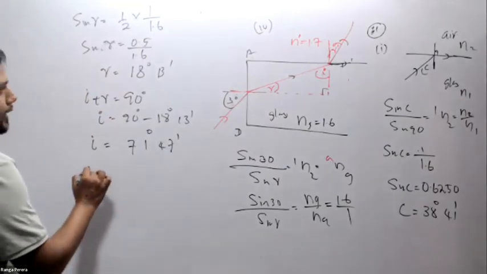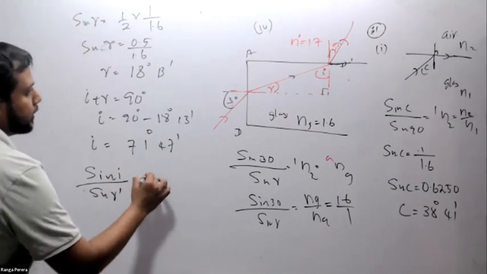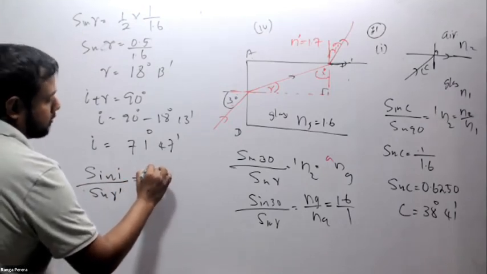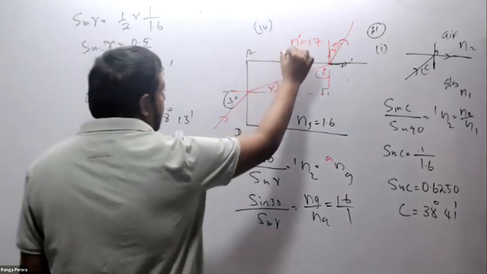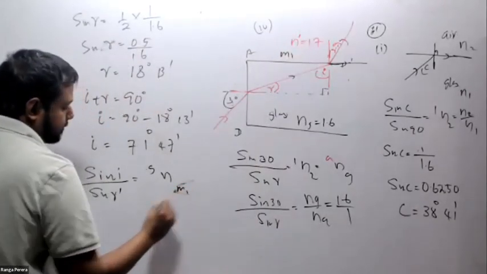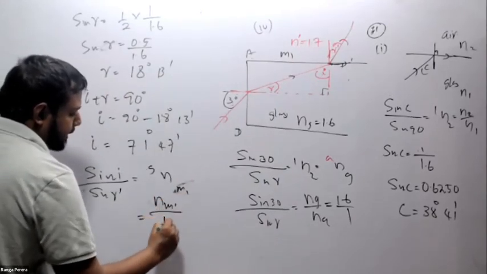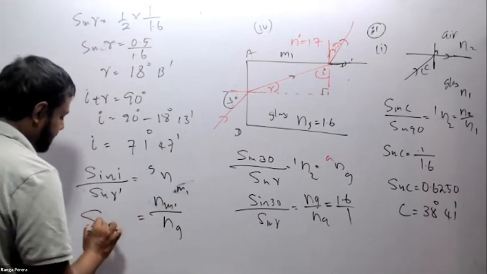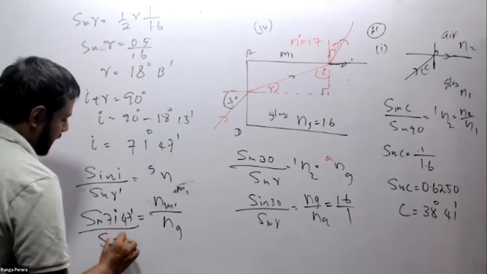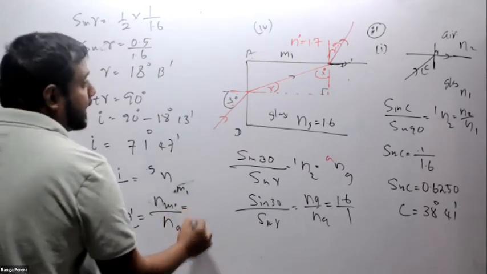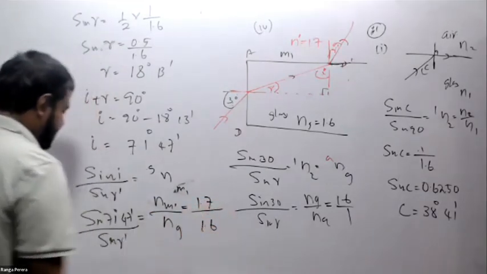Right. Now we can apply sin I over sin R dash equals N dash over Ng. Sin 71 47 over sin R dash equals 1.7 over 1.6.